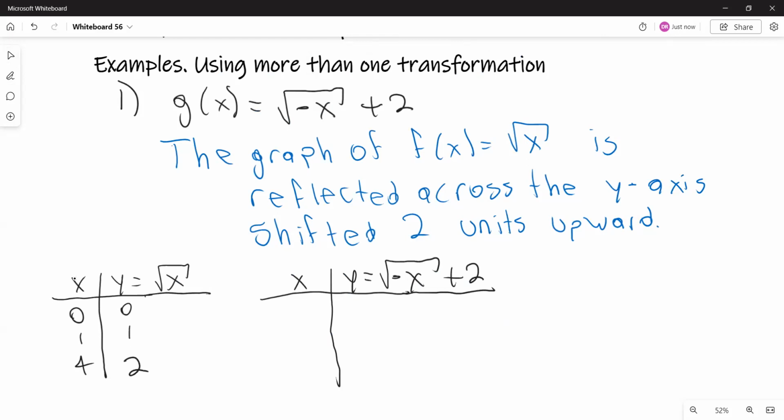Okay, so the graph is reflected across the y-axis. The x values are going to change sign. And if the graph is shifted 2 units upward, we're going to add 2 to each y value.